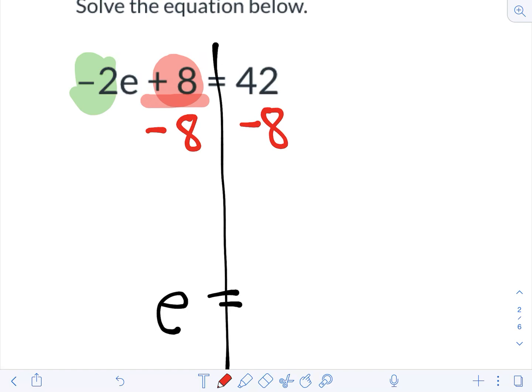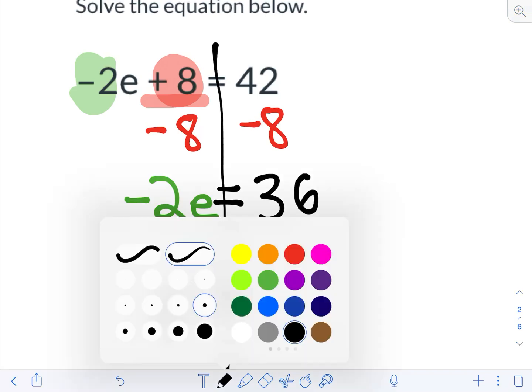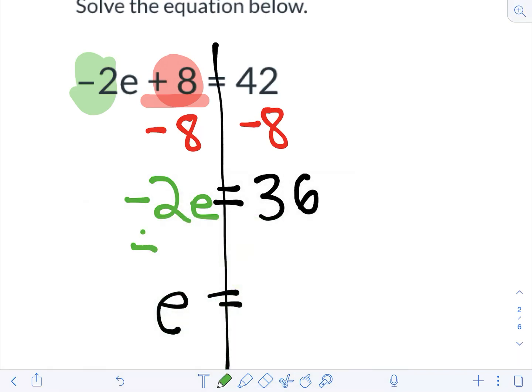A positive 8 minus an 8 is a 0, so that cancels out. We're just left with a -2e on this side. And that equals whatever 42 minus 8 is, which, if you remember, is 36. Now we're going to divide by -2 to cancel that out.